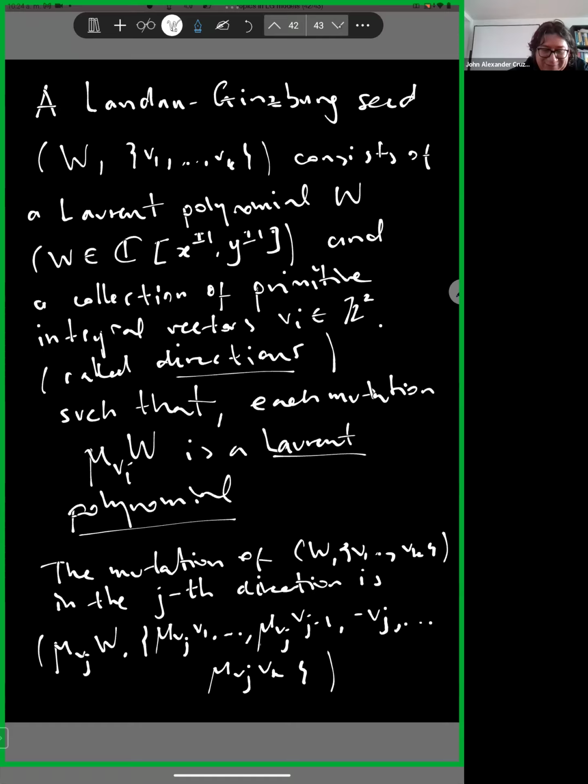So let me see what's going on. You said that we want to define the mutated set by this. This is the mutated set, right? So let's do some example.